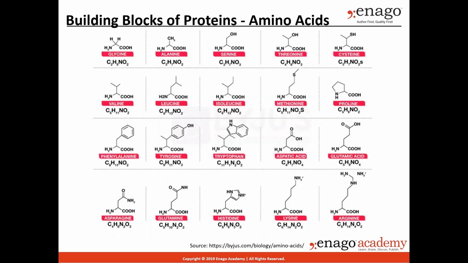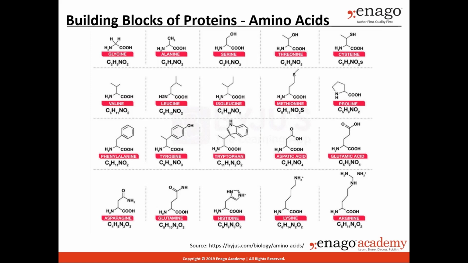And of course, all of that results in the building blocks of proteins, amino acids. So what are amino acids? Remember that each protein consists of 1 or more polypeptide chains. Each polypeptide chain consists of smaller subunits or amino acids that are linked together.